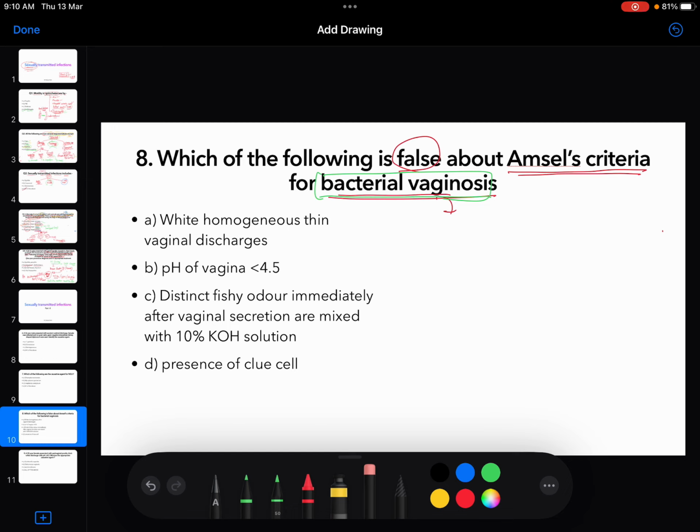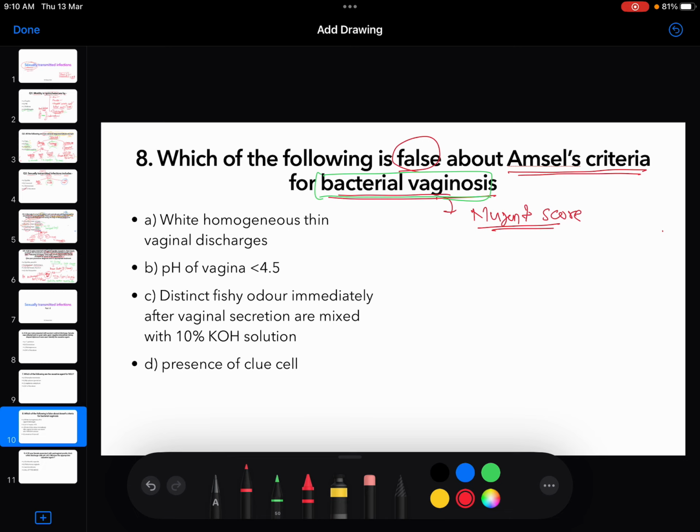How can we determine the patient is suffering from bacterial vaginosis? There is a score which is called the Nugent score. This is very important for diagnosis of bacterial vaginosis. How can it be done?